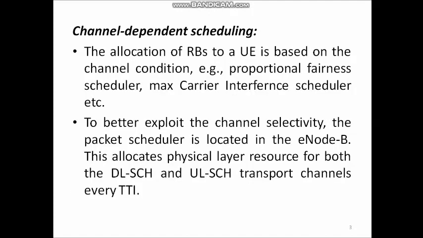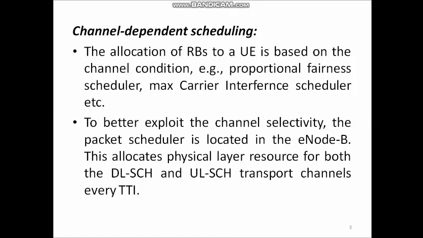Okay, first consider channel dependent scheduling. In this case, the allocation of resource blocks to a user equipment is based on the channel condition. So, two examples are given here: proportional fairness scheduler and maximum carrier interference scheduler. This scheduling provides high spectrum efficiency in LTE systems.